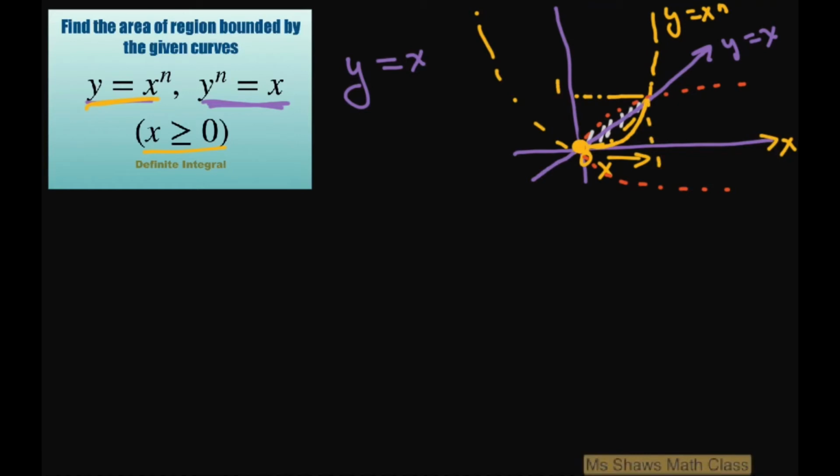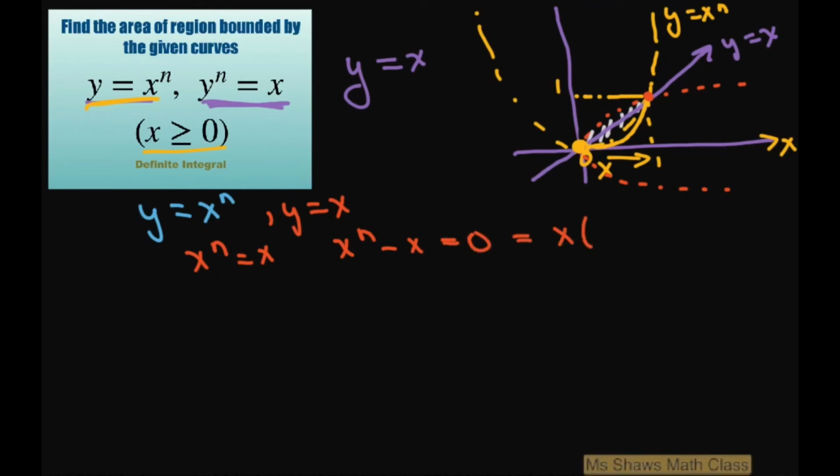But the way to do that algebraically is to know that we have y equals x to the power of n, and we also know that it's going to intersect here at y equals x. So if you set these equal to each other, we're going to have x to the power of n equals x, or x to the power of n minus x equals 0, which equals x times x to the power of n minus 1 minus 1.